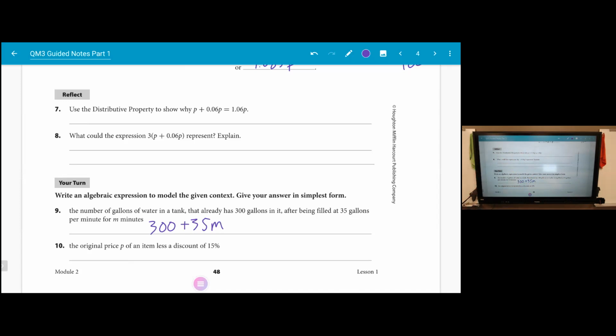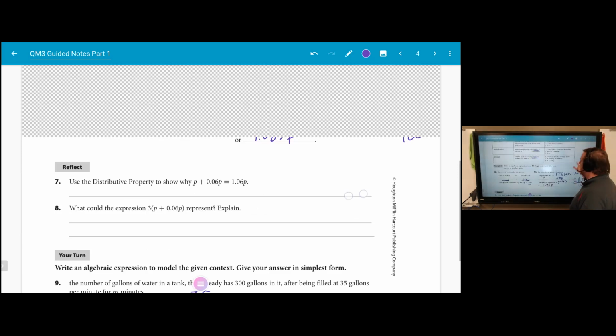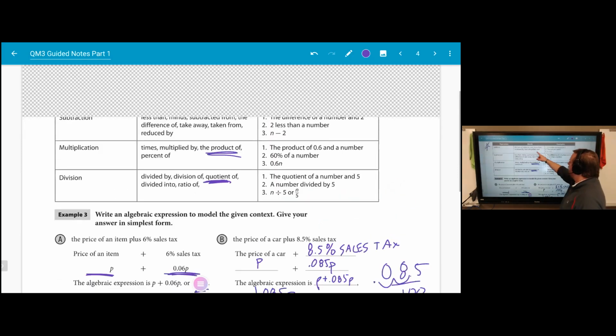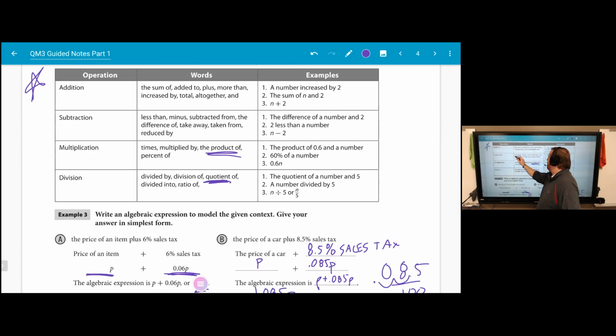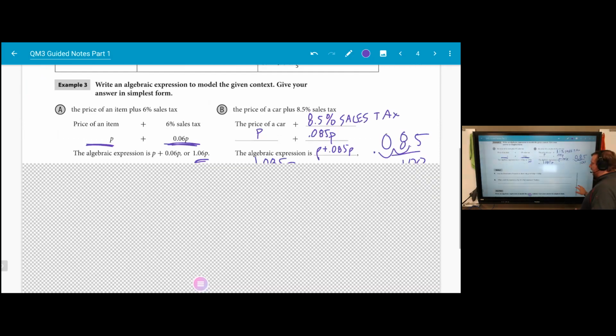Number 10 says the original price P of an item less a discount of 15%. What did less indicate? Less indicates subtraction. Think about it: if you're getting a discount on something, you're not going to pay more. I hope you don't pay more. If you're getting a discount, you're going to take some money off. So we've got some subtraction going on here.